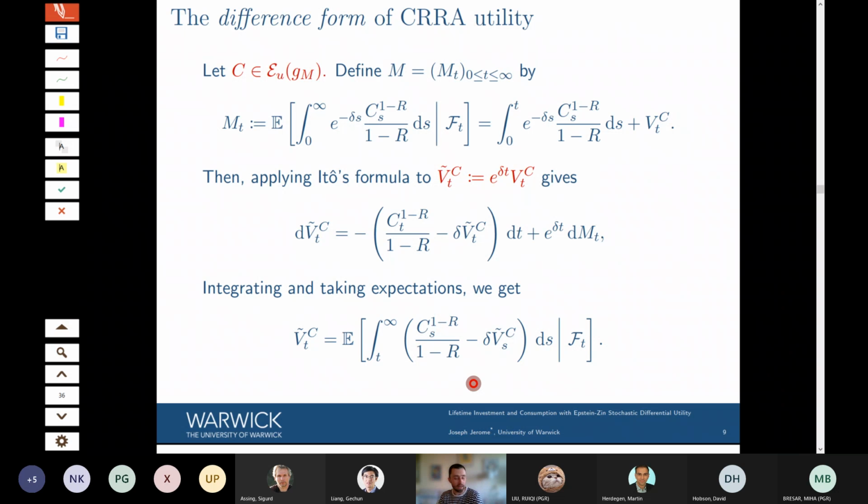But suppose this object is well defined, then we could start out by defining our utility as the solution to this, if we have this difference form of the aggregator instead. If we did define our utility like this, it does restrict our class of consumption streams that we can actually evaluate.